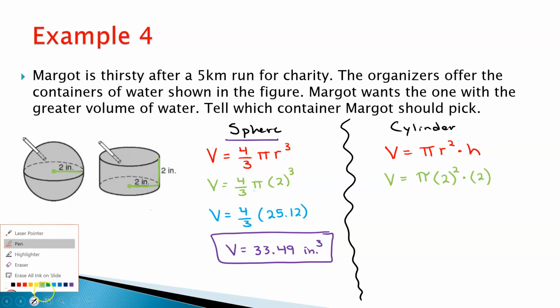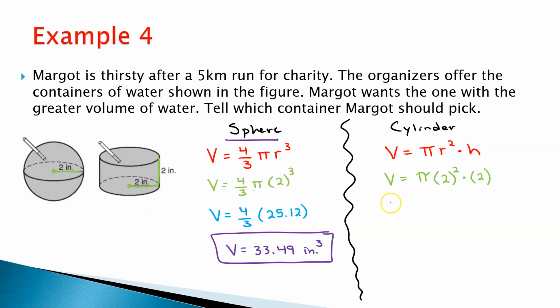What I'm going to do first is pi is going to stay the same. And I'm going to do these 3 things together. I'm going to do 2 to the second power, which means 2 times 2. I ended up with 4, and I'm going to multiply it by that height, which is another 2, which gives me a total of 8. So I have volume is equal to pi times 8, or 8 pi.